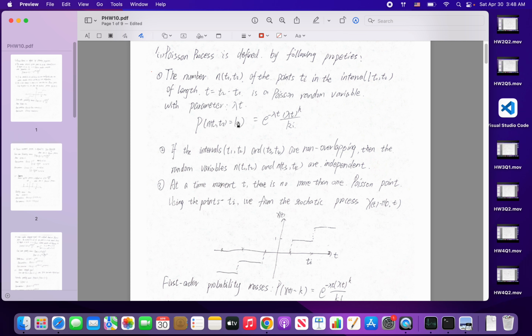The probability is like this, and the number N(t1, t2) of the points ti in the interval from t1 to t2, where the length is t2 minus t1.